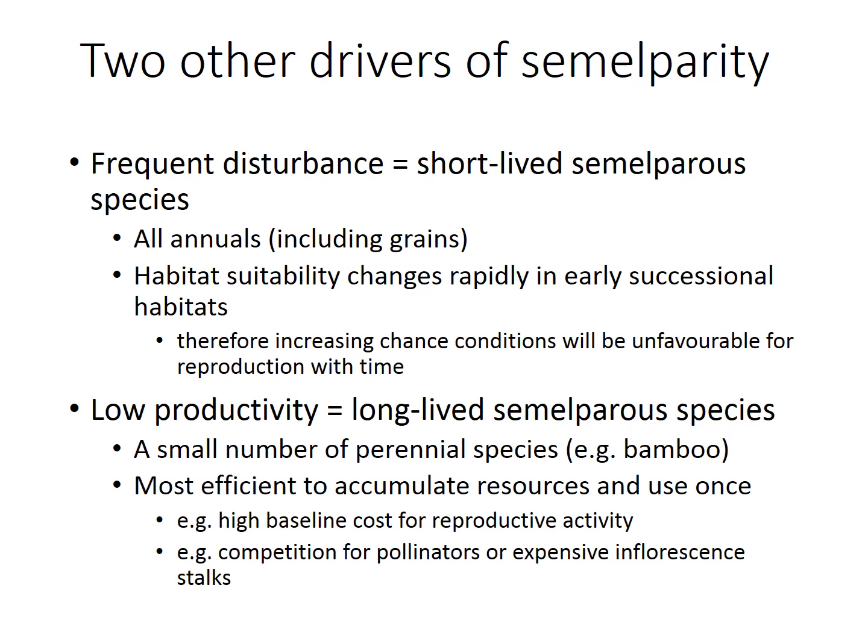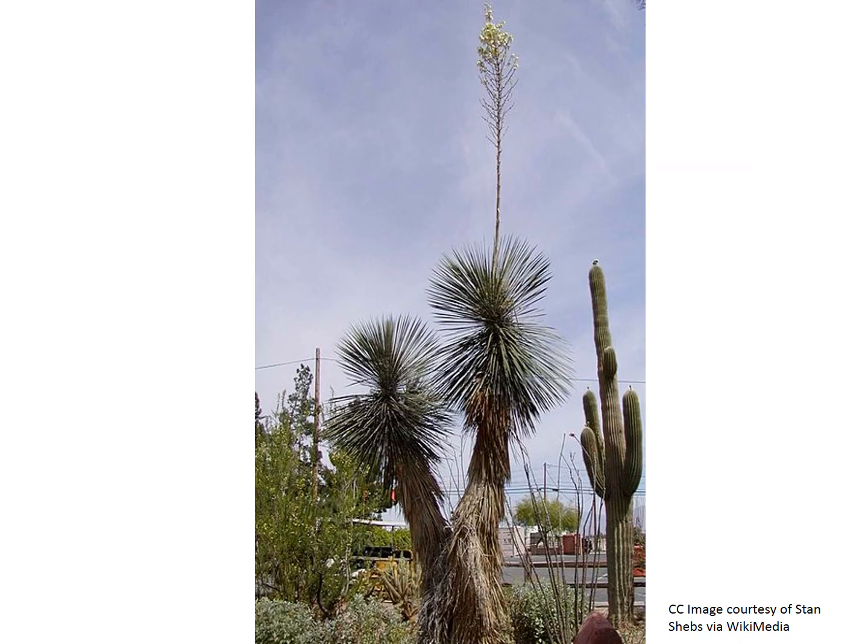A different example would be where reproduction depends on the production of an expensive inflorescence stalk. So a classic example here is the yucca plant of the North American deserts. You can see it has a massively long inflorescence stalk.